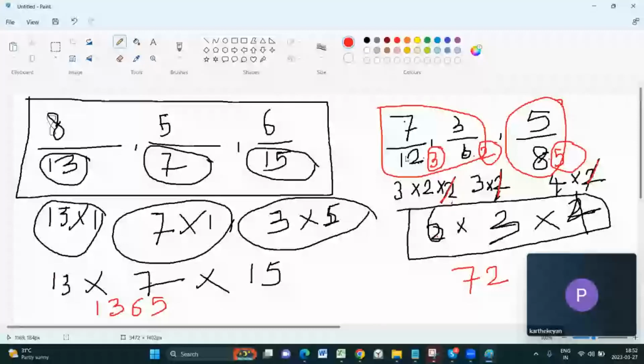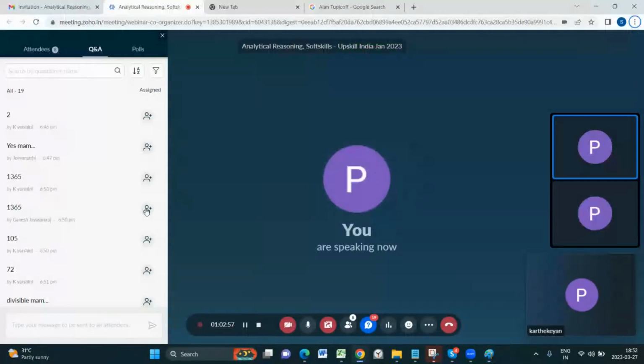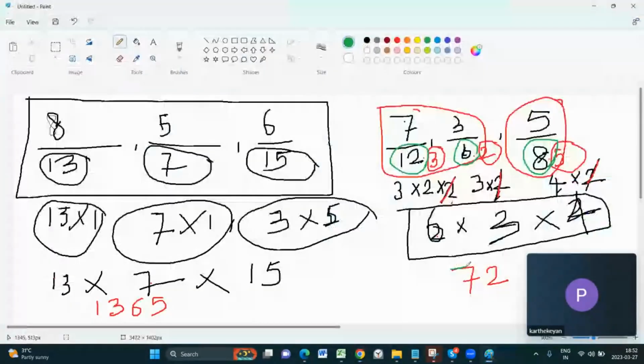The numbers are 12, 6 and 8. Will all three divide 72? 72 by 12, yes, very good, Jiva. So the common multiple is 72, in which all the denominators can divide.